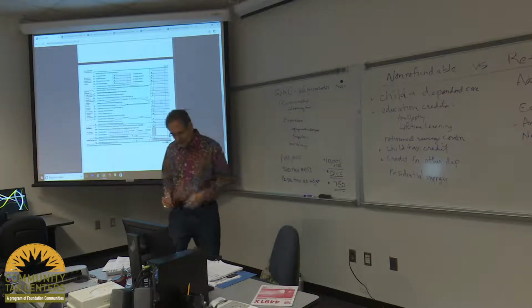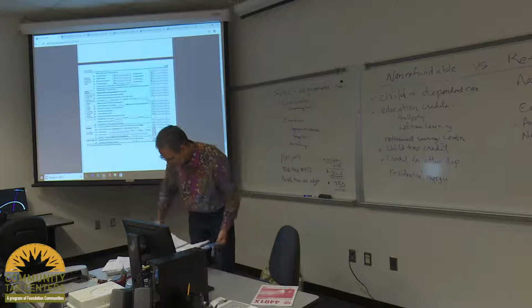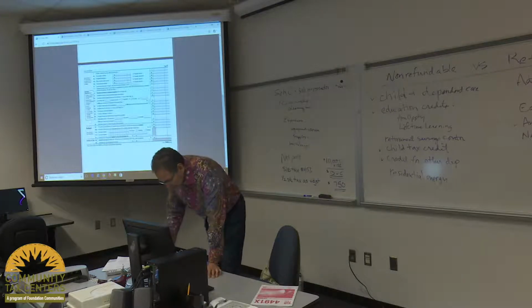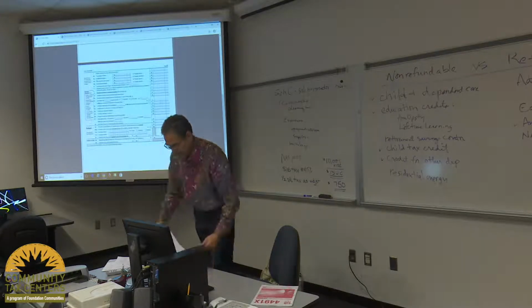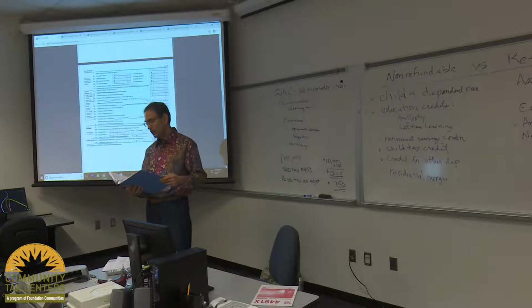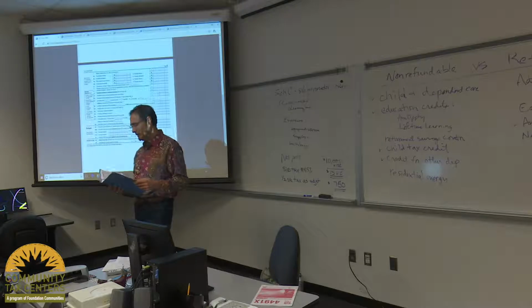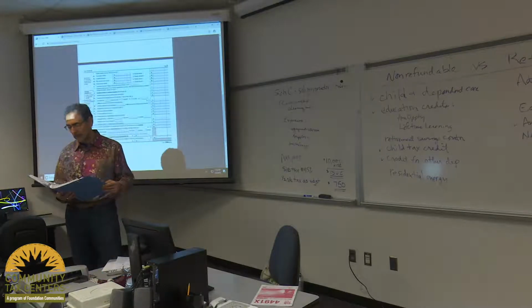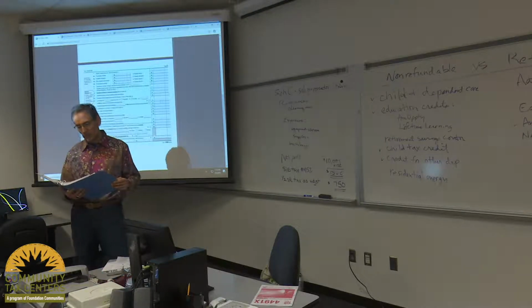Okay, so that's the credit for other dependents. Let's see if it says anything. I'm looking at G14. It says there is a $500 credit for other dependents who do not qualify for the $2,000 child tax credit. The dependent must be a U.S. citizen, U.S. national, or resident of the U.S. The dependent must have a valid ITIN or Social Security number.